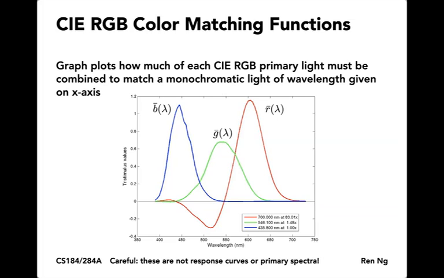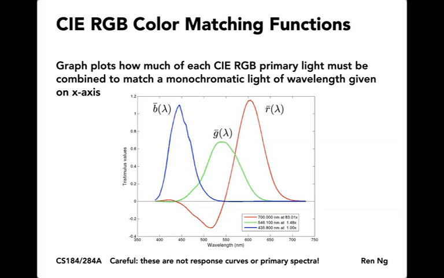You can see that for certain wavelengths, for example, 500 nanometer, the matching involved a negative amount of the 700 nanometer. So you know exactly what happened there. It was out of gamut, and the negative color matching procedure that I described earlier needed to be applied in order to find a full color match. These data, as presented here, are just 3 graphs. These are called the color matching functions for these 3 primary lights as a set.